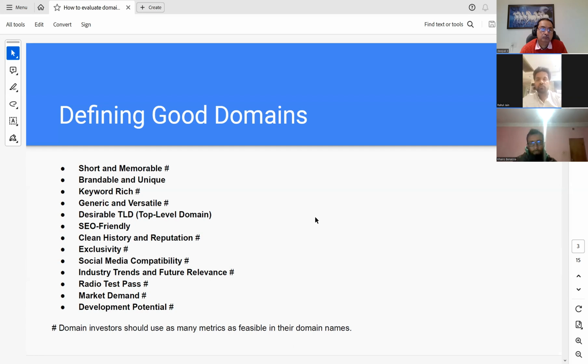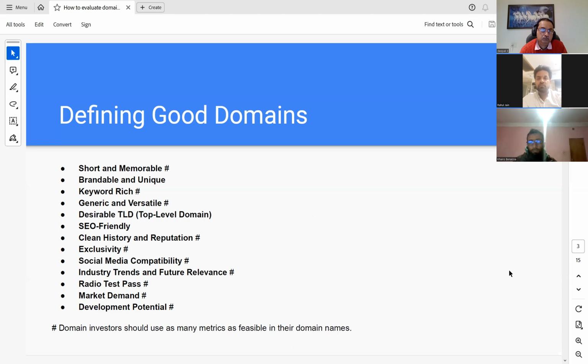So just a moment. A domain should be keyword rich. Keyword rich means that it should have industry-related keywords.